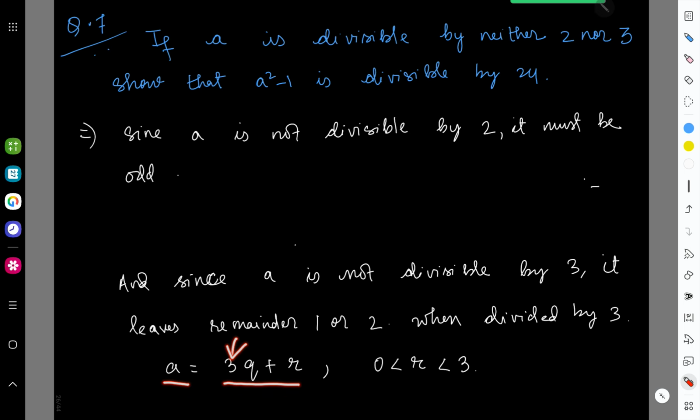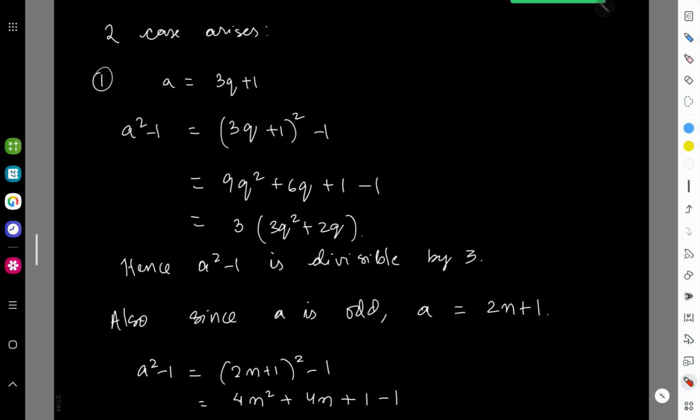Here 3 is our divisor, q our quotient, and r our remainder. And our remainder is greater than 0 since it is not divisible by 3, and it is less than 3 because our divisor is 3. Now two cases arise.